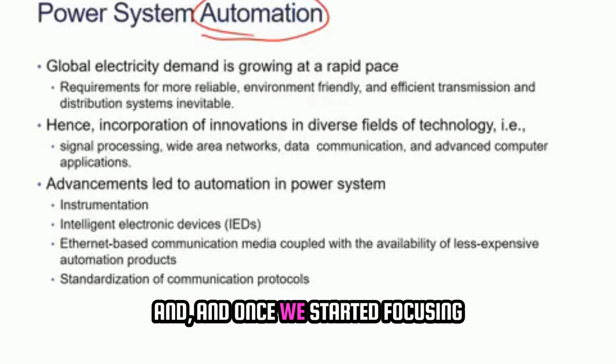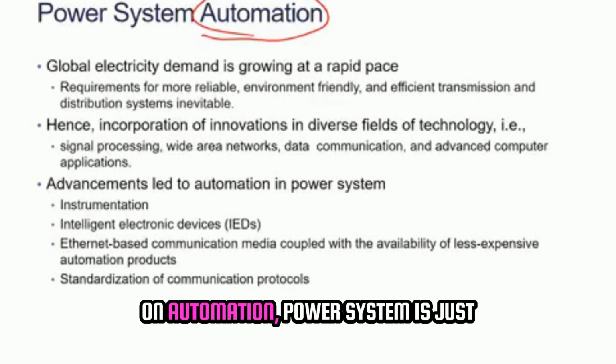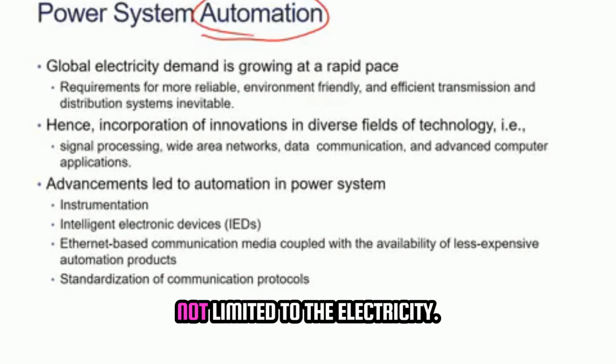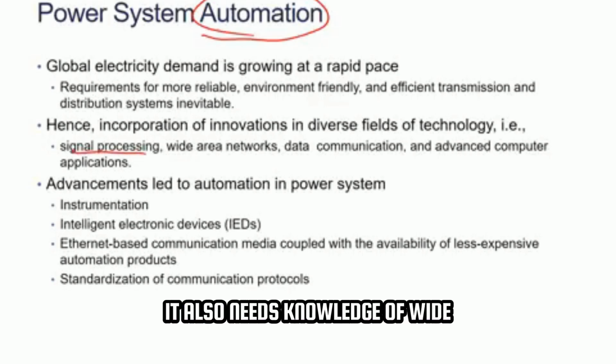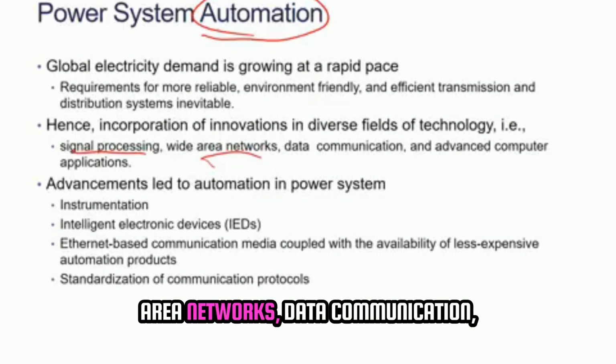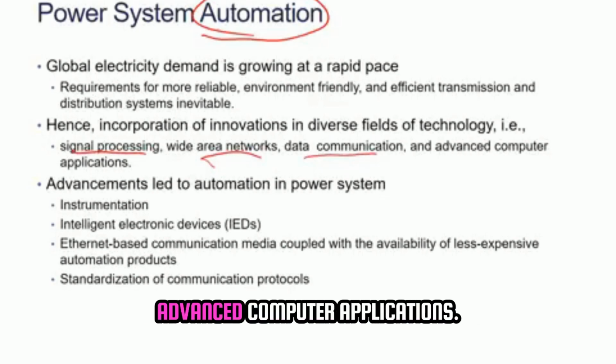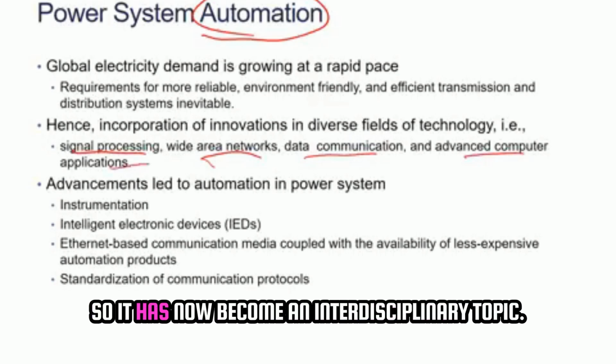Once we started focusing on automation, the power system is not limited to electricity. It also needs knowledge of signal processing, wide area networks, data communication, and advanced computer applications. So it has now become an interdisciplinary topic.